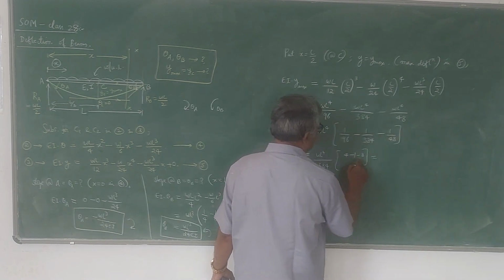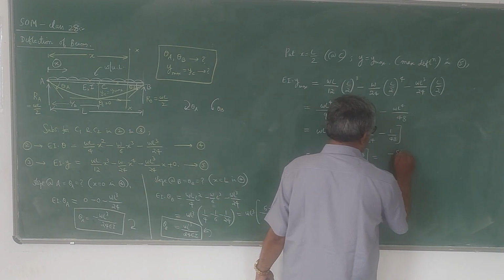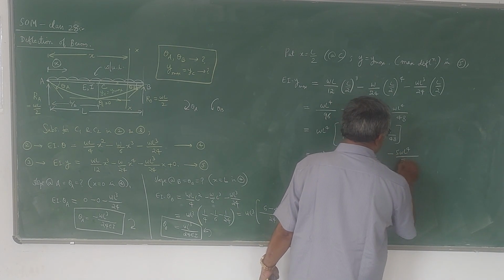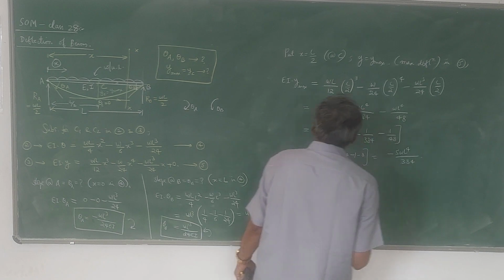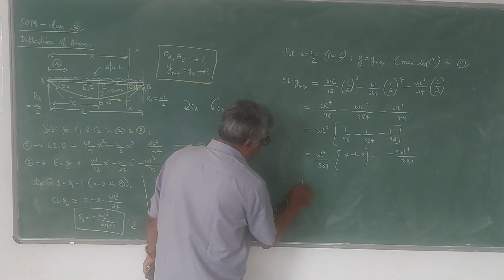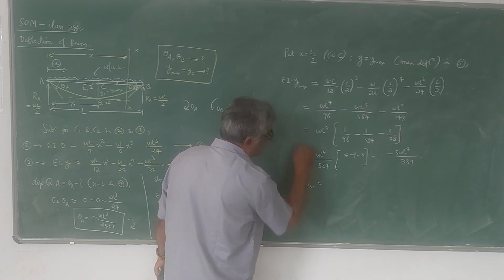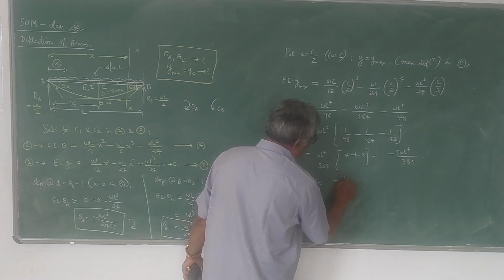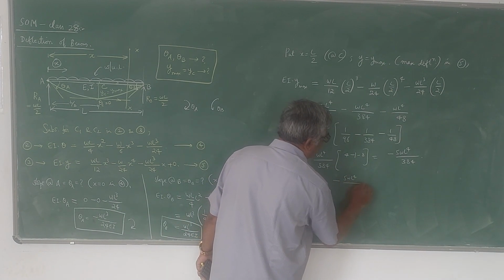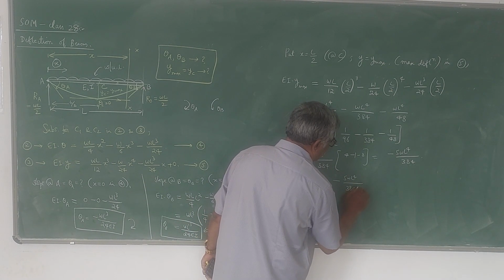So you will be getting minus 5 W L power 4 by 384. Now if I want y max, EI should be brought to the RHS, it becomes divided by minus 5 W L power 4 divided by 384 EI.